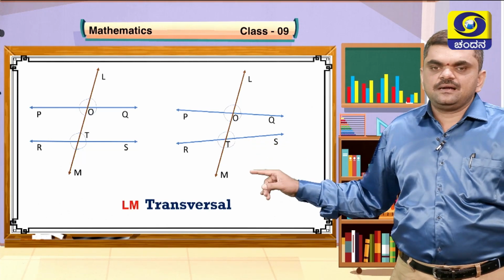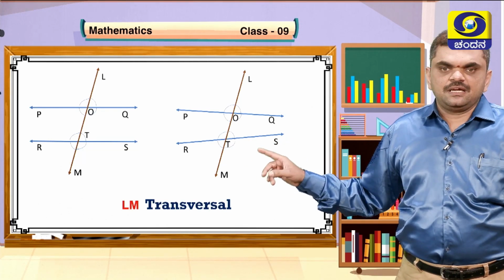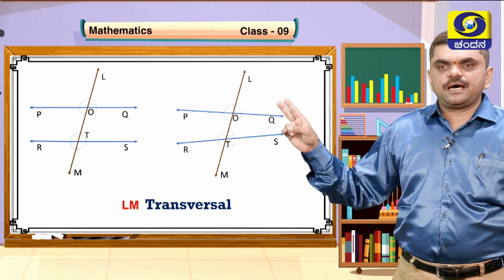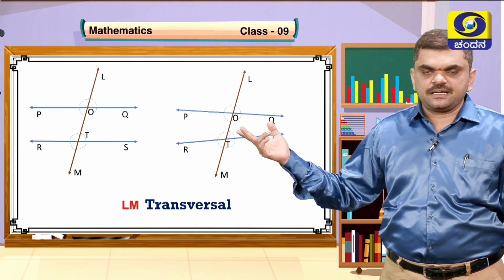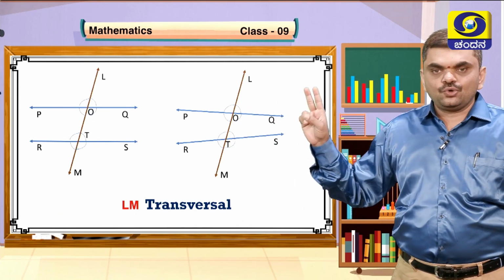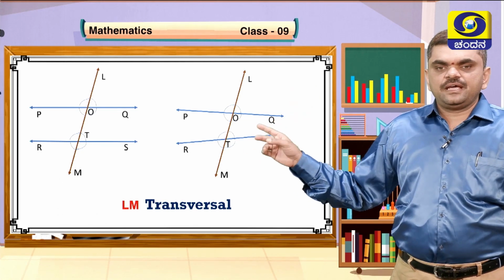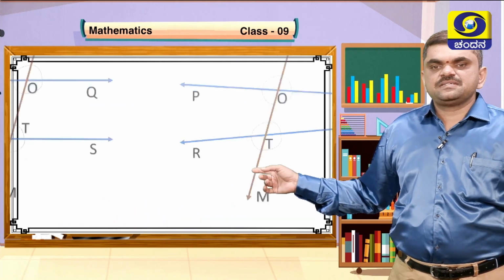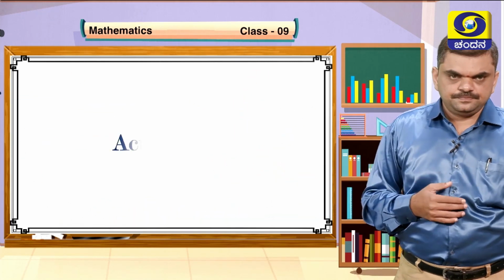So LM is called as transversal. If a line intersects any two lines, that is parallel lines, or it may be intersecting lines, at two distinct points, then that line is called as transversal. Here LM is a transversal children.